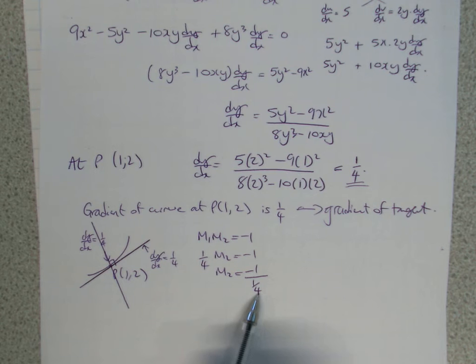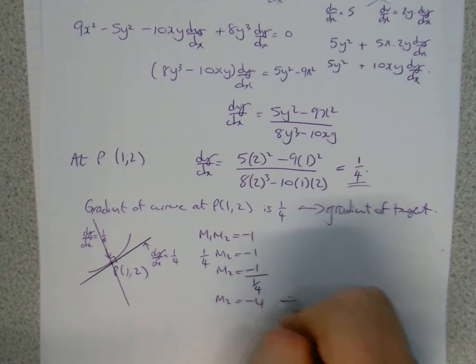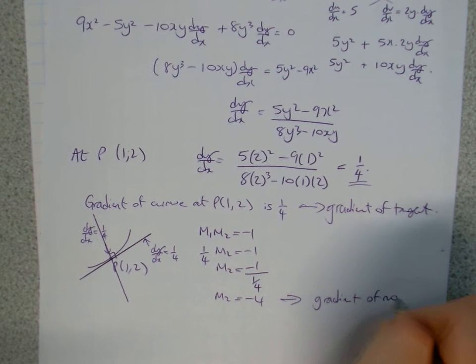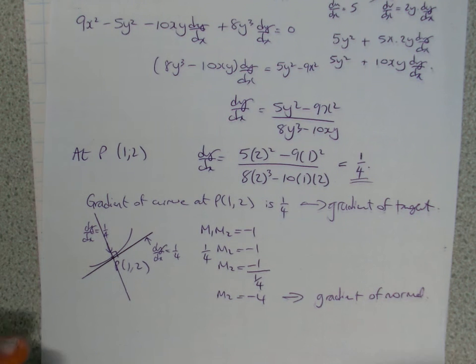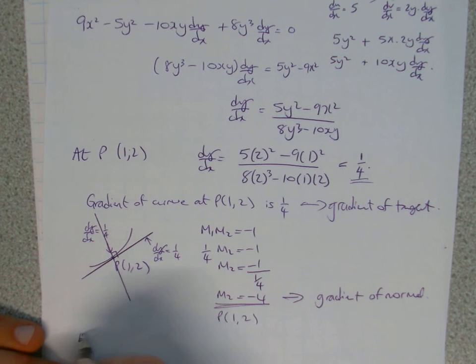If you've got a fraction at the bottom, you can flip that up, so you get -4. That is the gradient of the normal, going perpendicular, at right angles to the tangent. So we've got the gradient of the normal, and we've also got the point (1, 2), so we can work out the equation of the normal.